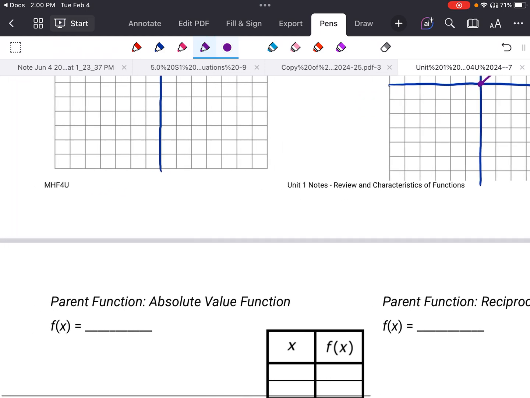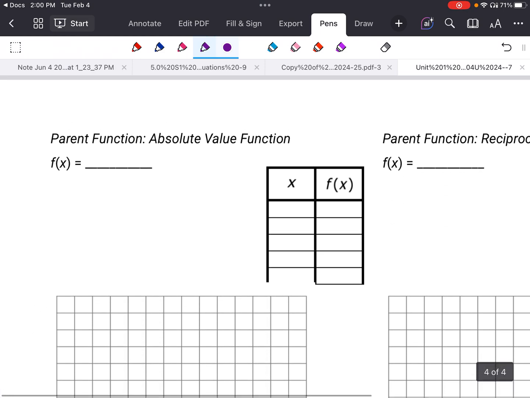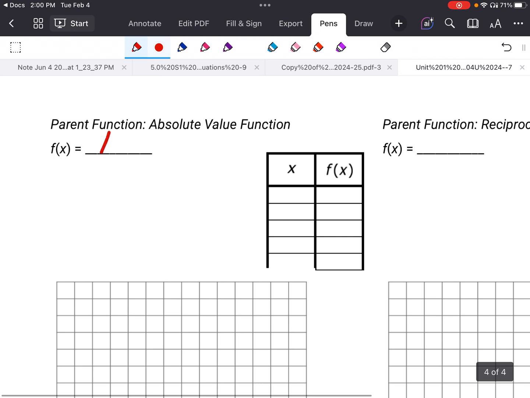Okay, and we're almost done. Absolute function looks like that. Everything, doesn't matter if it's positive or negative, whatever the x is, you give it a positive answer.